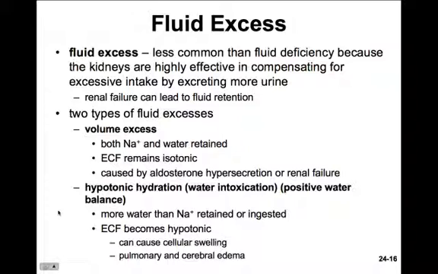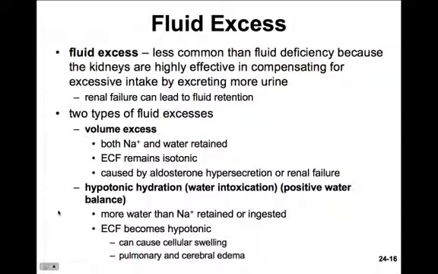Fluid excesses are much less common than fluid deficiencies because the kidneys are very, very effective at compensating for excessive intake by excreting much more urine. There are 2 types of fluid excesses: volume excess and hypotonic hydration.